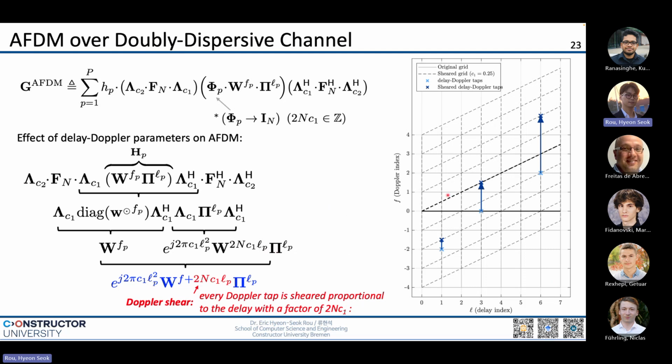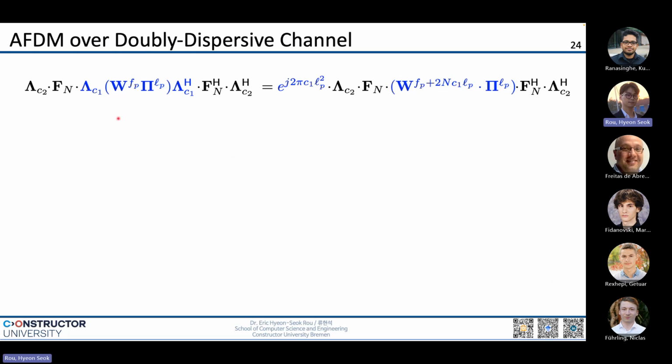This shearing happens, and all of these taps in the delay Doppler are being scaled correspondingly in the grid. So that is the illustration of what happens when we conjugate the inner two shift matrices by the chirps. And that's why the C1, which determines the chirp rate, appears in the exponential.